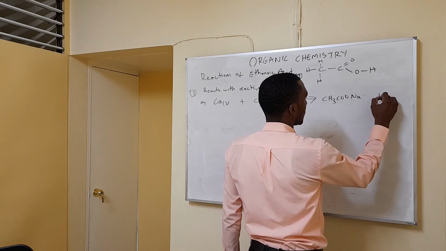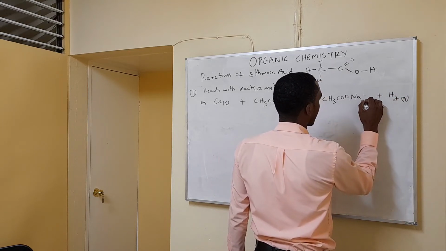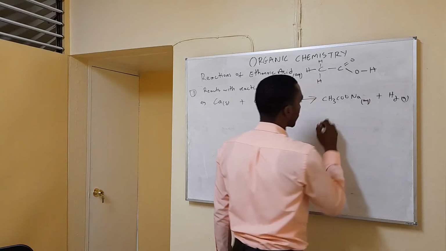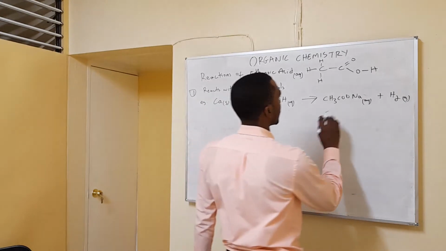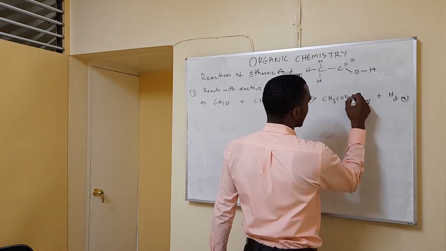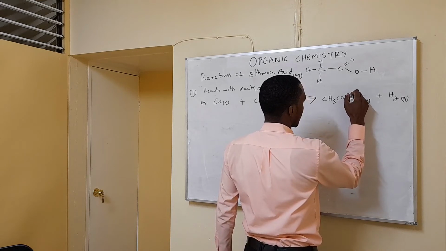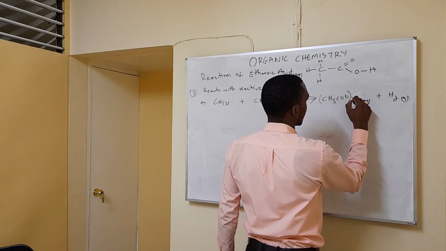So calcium ethanoate plus hydrogen gas. Sorry, I put sodium, it's calcium we use, alright? But as I said before, the sodium salt could be used as well. So it's minus 1, so it's in the bracket.